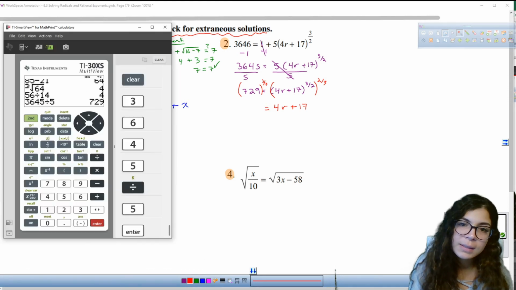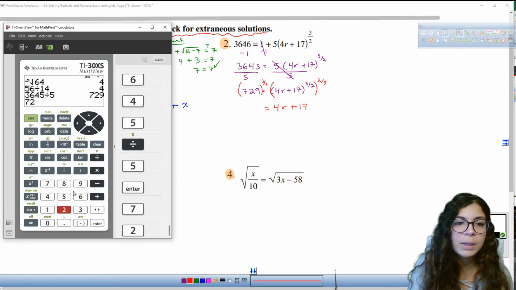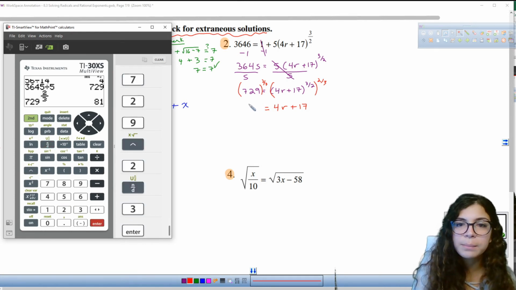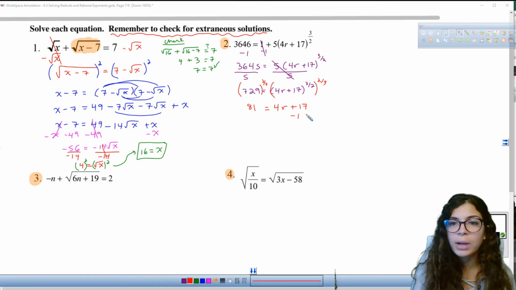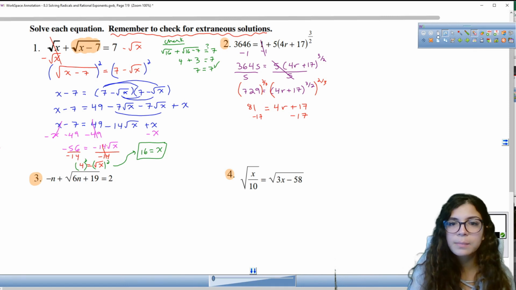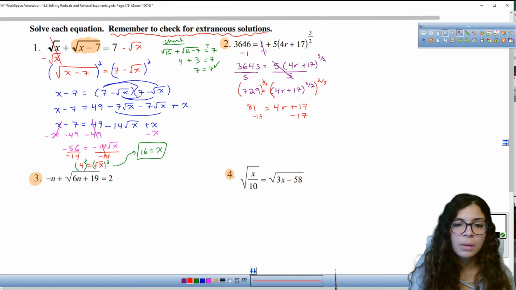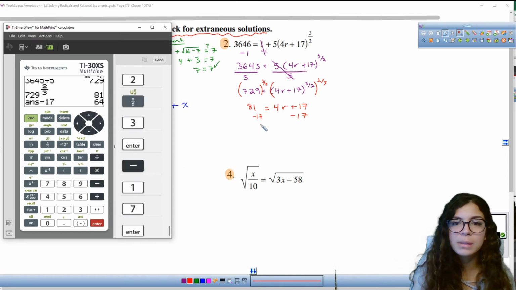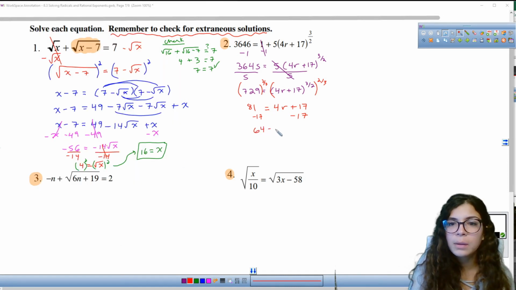And on the left-hand side, 729 to the power of 2/3 is 81. Subtract 17 on both sides. 81 minus 17 is 64. And then divide by 4 on both sides.